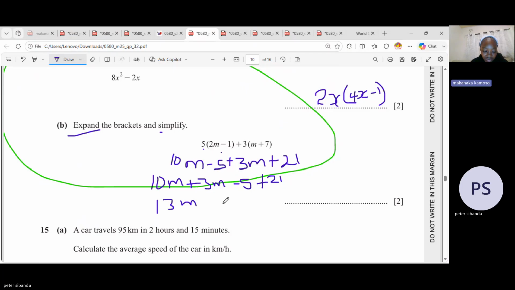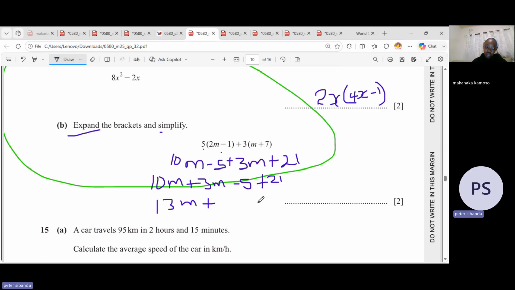Now this is minus 5 plus 21, a situation where we are dealing with two numbers that have different signs. And in that video on my YouTube channel, we said what? When you are dealing with two numbers with different signs, we take the sign from the bigger number, that is plus.